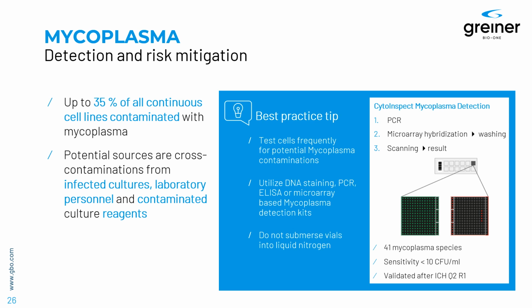You can detect 40 different mycoplasma species, and you can also differentiate them, which often is a very good indication where your contamination is coming from, because the different strains usually come from different sources of contamination. There's a sensitivity level of less than 10 CFUs per milliliter, and it is validated after ICH Q2R1.